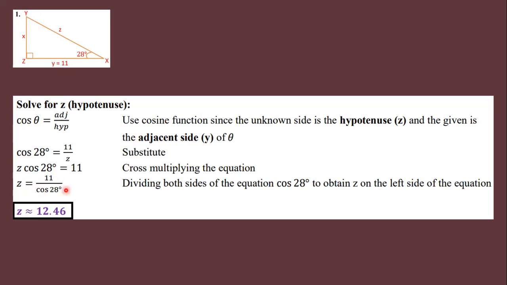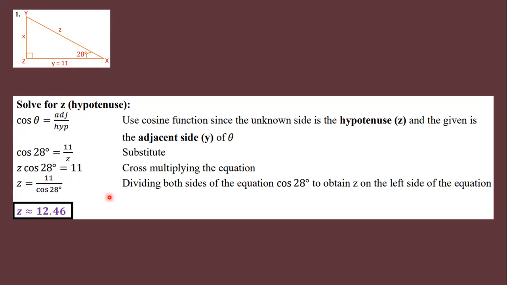Using your calculator, 11 over cosine 28 degrees, you get an approximate number, or z is approximately 12.46. And now we're complete in solving the measurements of the sides and the angles.